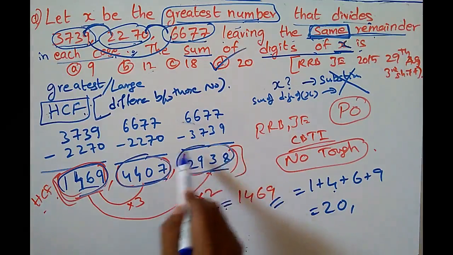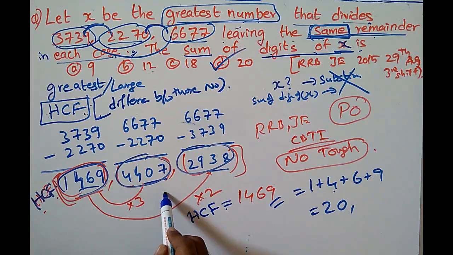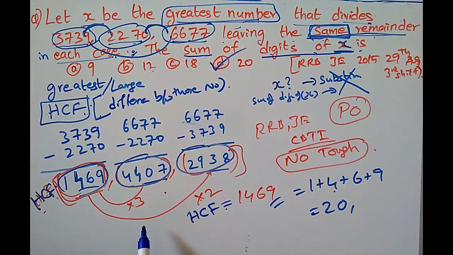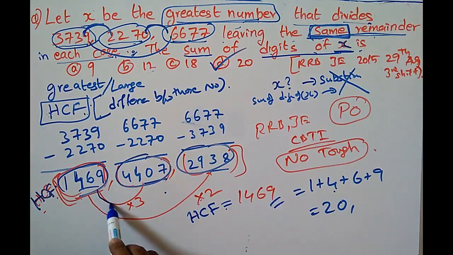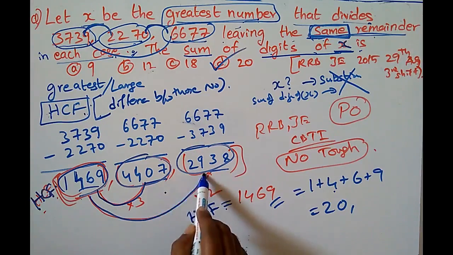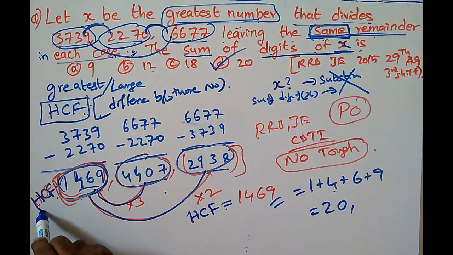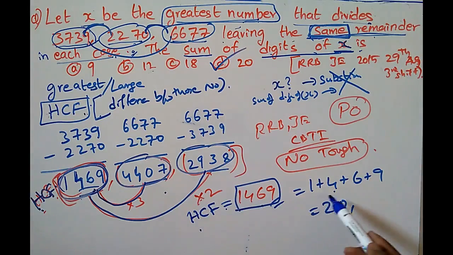For this we have to find the HCF, and that HCF is the greatest number which divides those three numbers. Here even though the numbers are very big, we can easily see that these are multiples of the first number. So the first number is the greatest common factor, HCF, and the question asks for the sum of the digits of the highest common factor. The answer is 20.